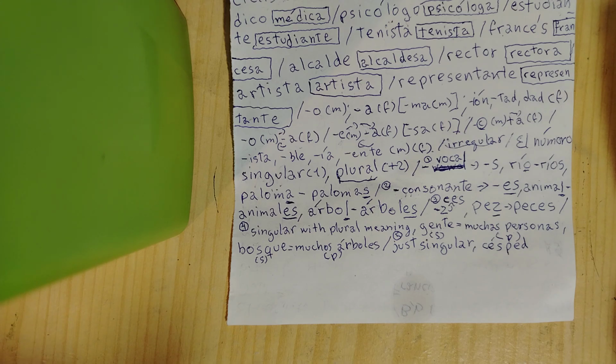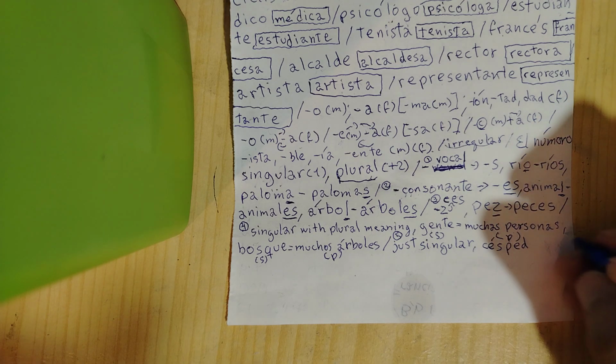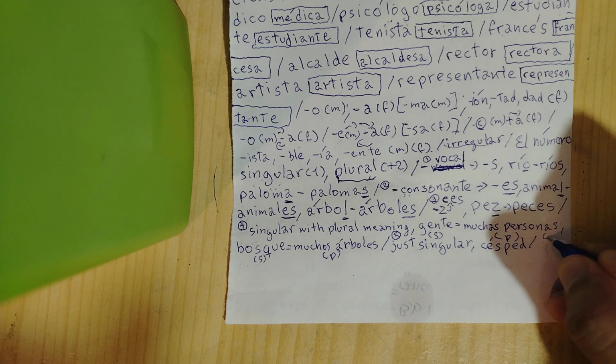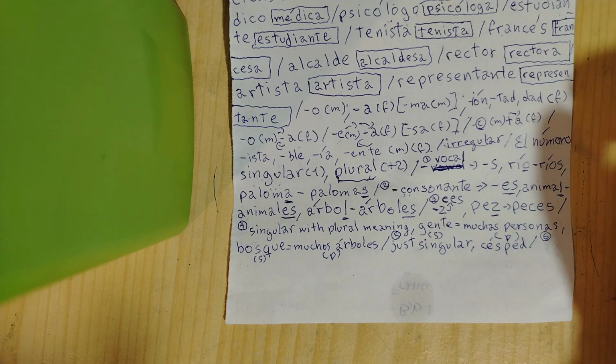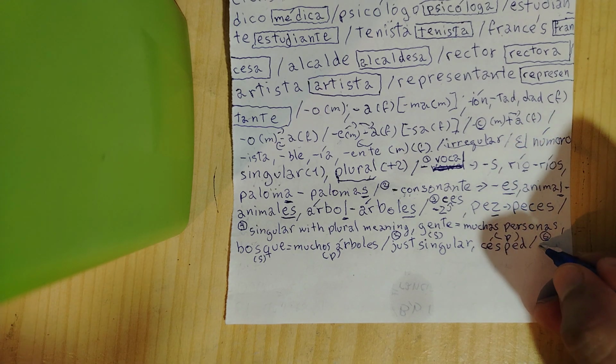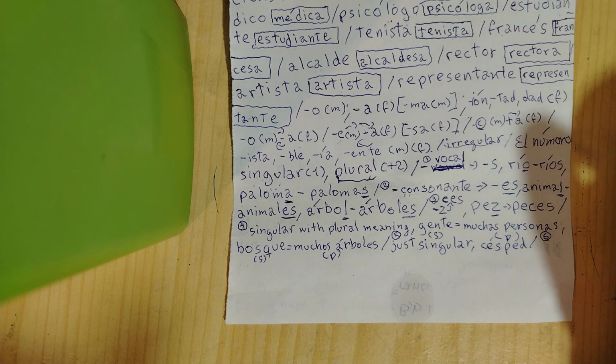And lastly, this is the last one. Sixth. There are some nouns that are written like a plural noun, but their meaning is singular, right?